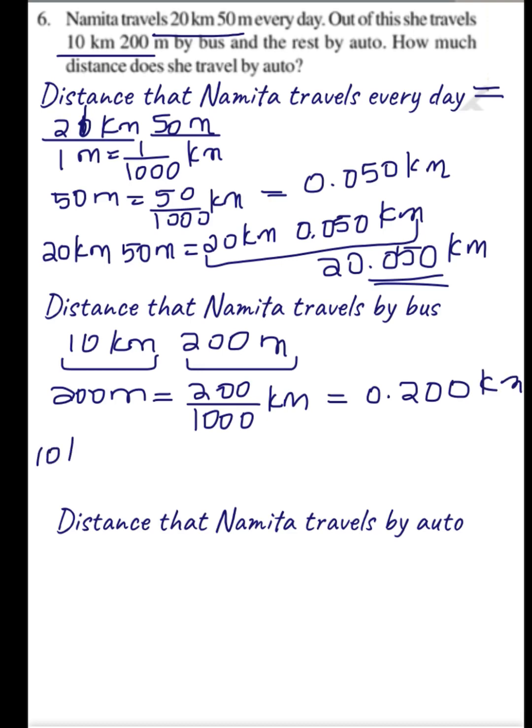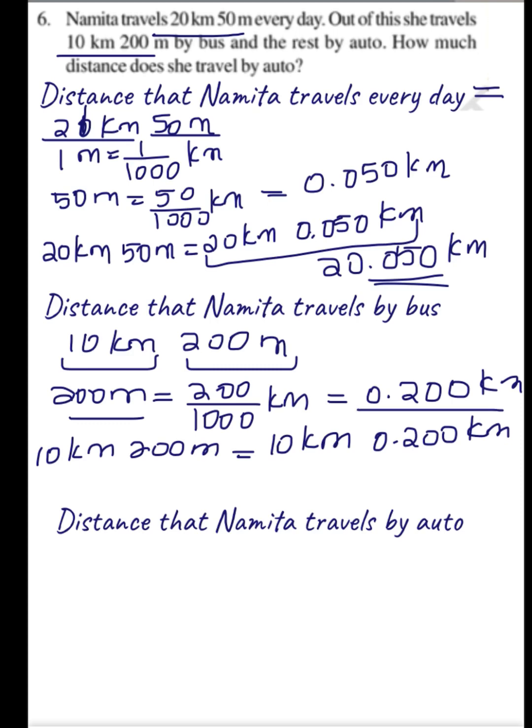But our question is 10 kilometer 200 meter, so it will be 10 kilometer 0.200 kilometer. In total you can write it as 10.200 kilometer, or simply 10.2 kilometer. So the distance that Namita travels by bus is equal to 10.2 kilometer.